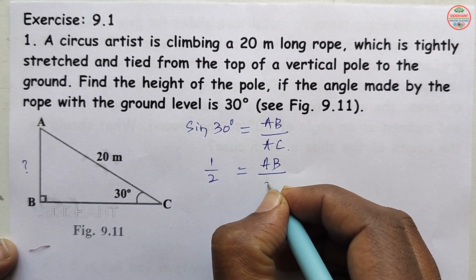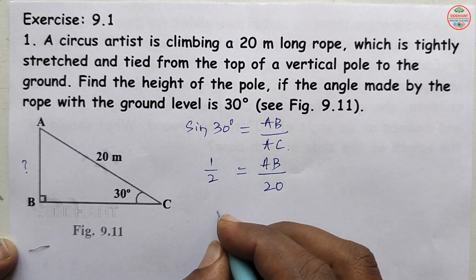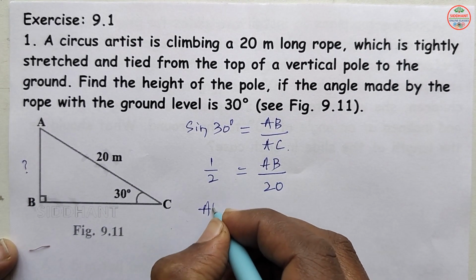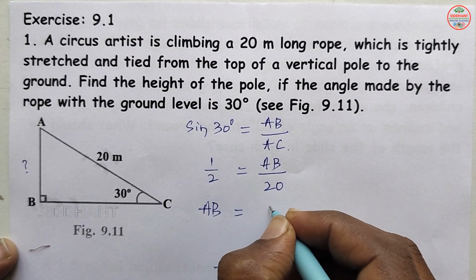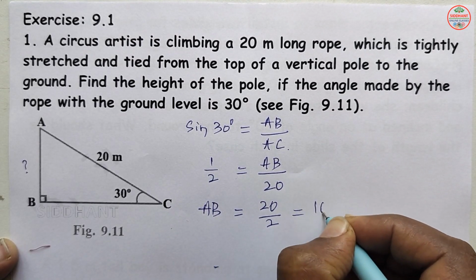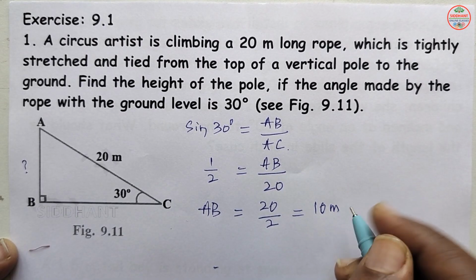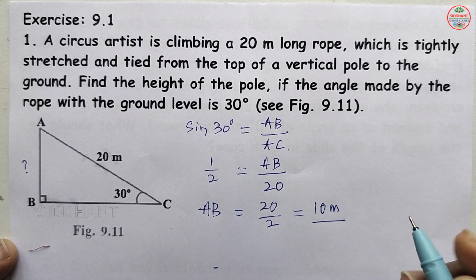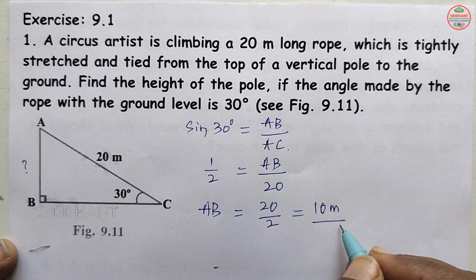AC is given as 20 meters here. So AB is equal to 20 by 2, so that will be 10 meters here. So this is the height of the pole.